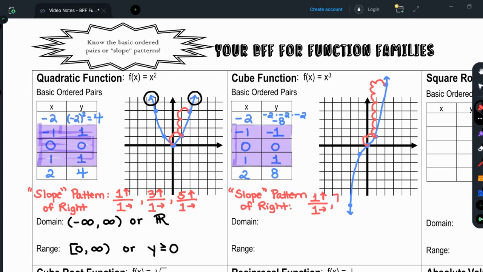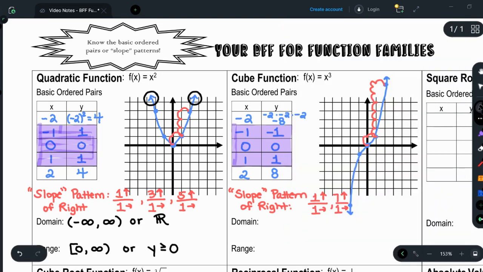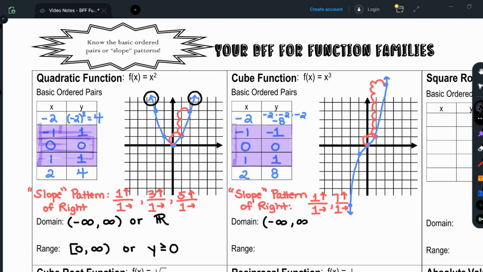So that's going to be my next slope pattern to help me graph it on the right. And what happens on the left is I just have to go down and left to help me graph the left side since it is a cube function. As you see, I have arrows at the bottom and top, as well as the left and right. So I'll have all real numbers for both the domain and range.